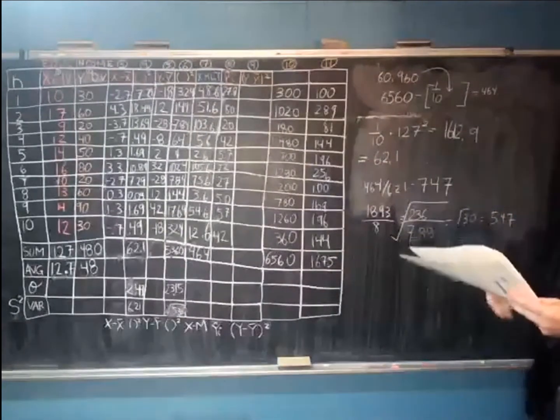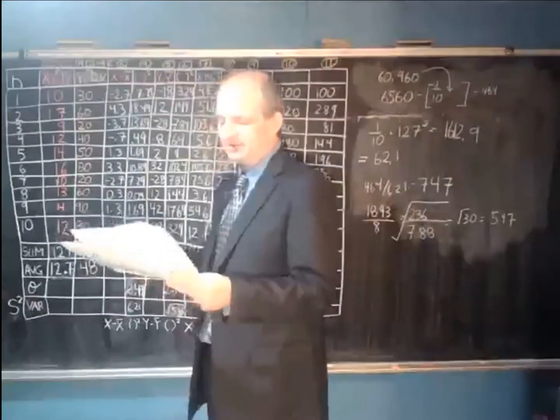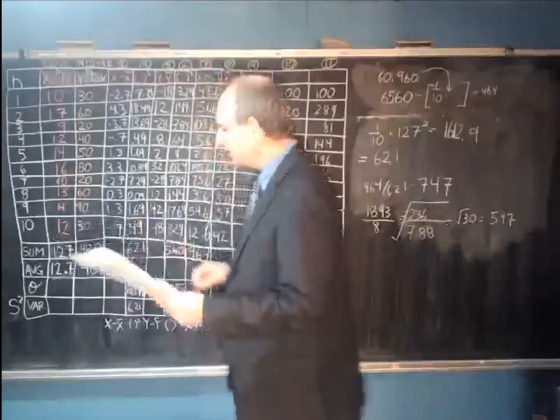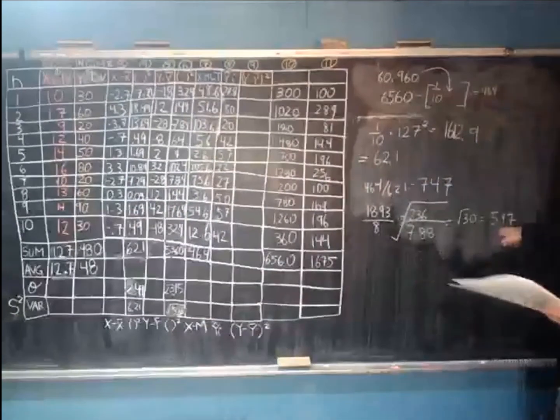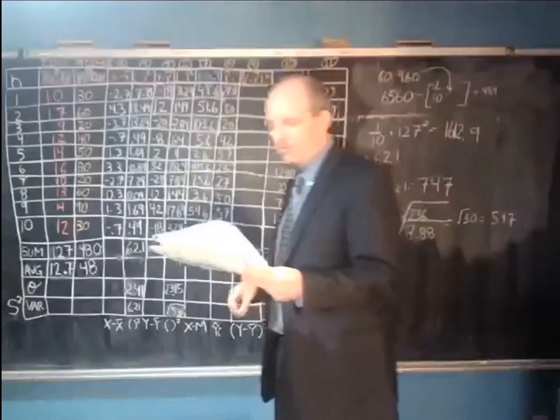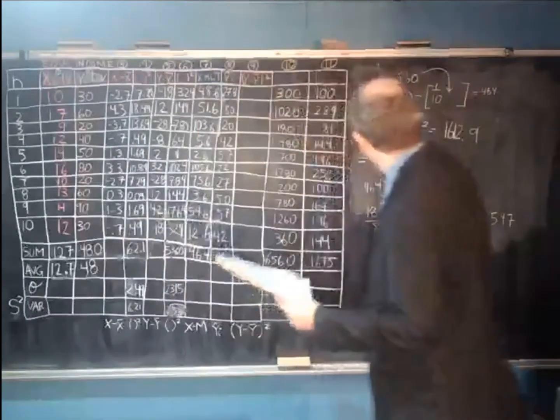Okay. So now we want to calculate the t-statistic. The t-statistic is the sample estimate divided by the standard error. This is the standard error. So we're going to take the standard error and divide it into the sample estimate. The sample estimate is serial 32, which is the slope.